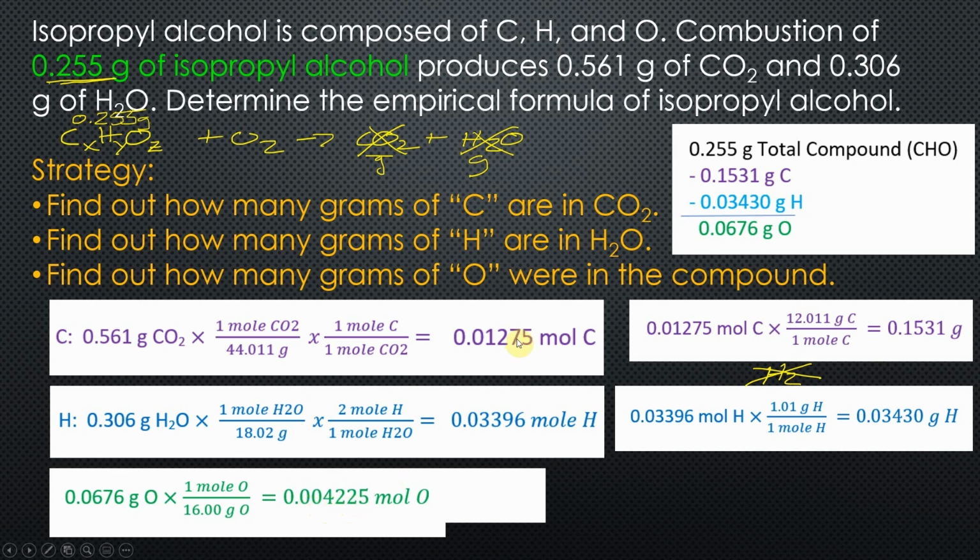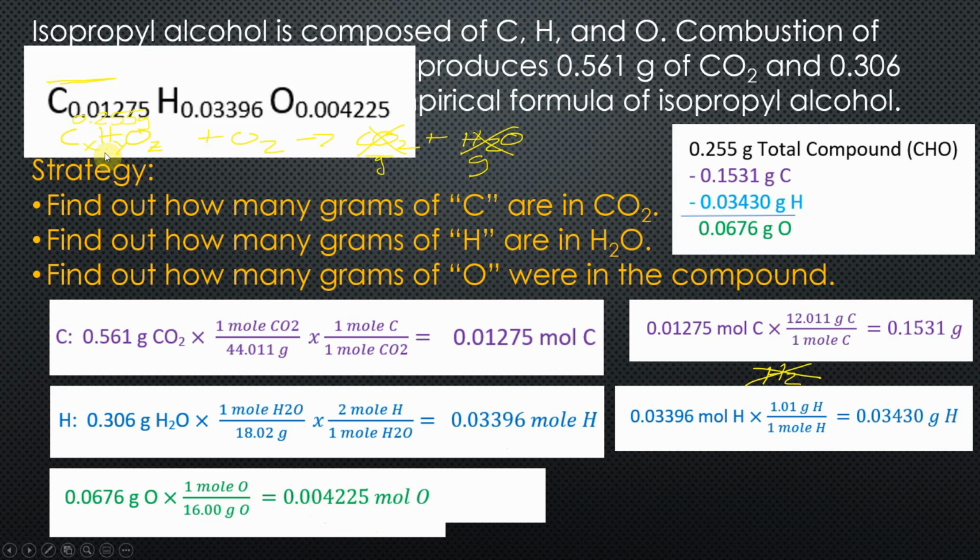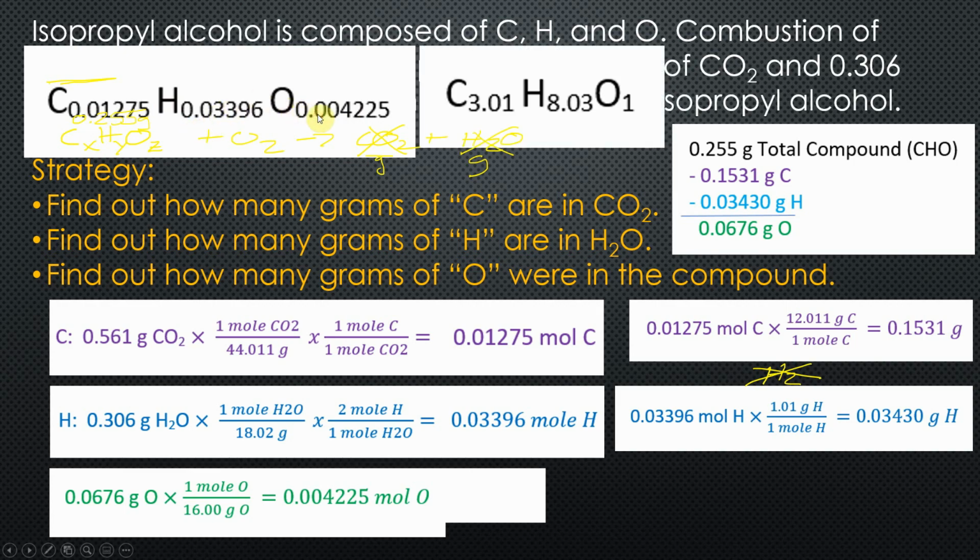There we go. We know X, we know Y, and we know Z. We can plug those numbers in. There they go. Right there, right there, right there. And what we do from this point is just like what we've always done before. We divide by the smallest one to get whole number ratios. Smallest one looks to me like oxygen. So when I divide them all by 0.00424, that's what I get. And we have to make a judgment call.